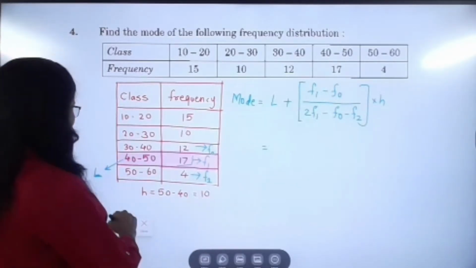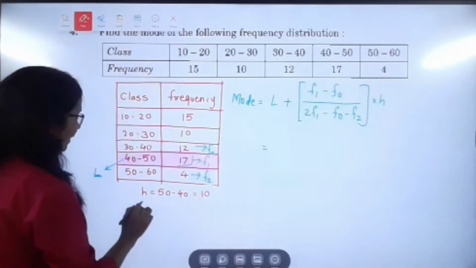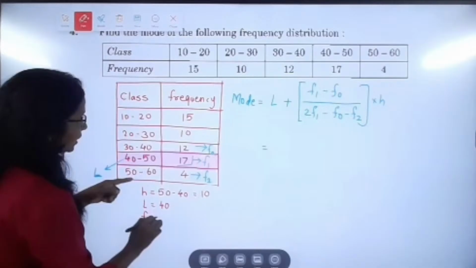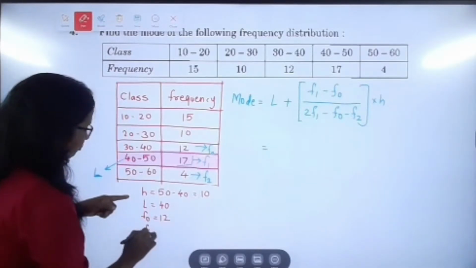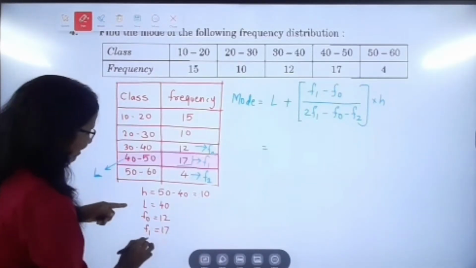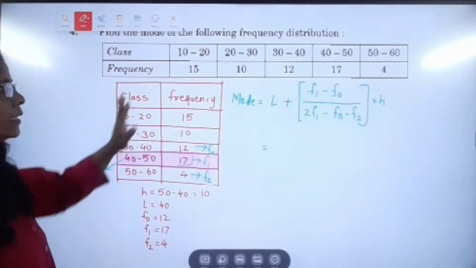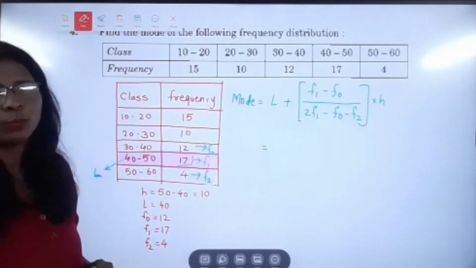So here, one by one, I write down the values: L is equal to 40, F0 is equal to 12, F1 is equal to 17, F2 is equal to 4. Okay, and then here I substitute in this formula.